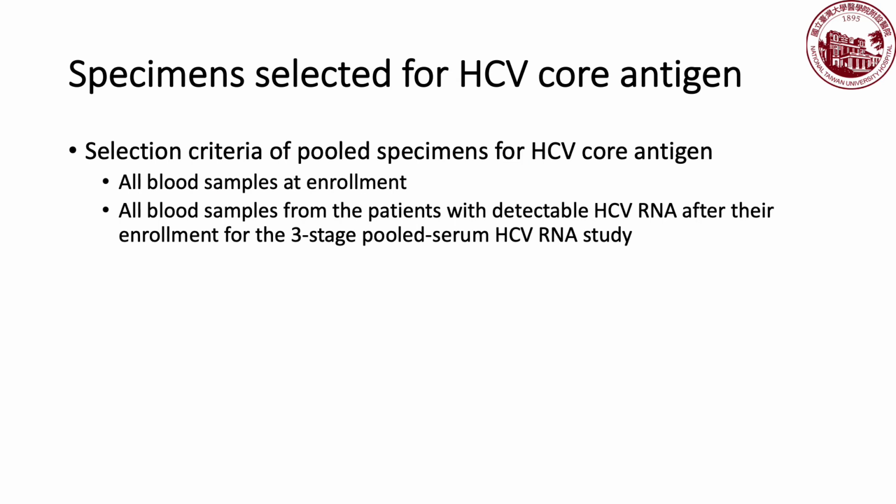The selection criteria of pooled specimens for HCV core antigen were all blood samples at enrollment and all blood samples from the patients with detectable HCV RNA after their enrollment for the pooled HCV RNA tests.